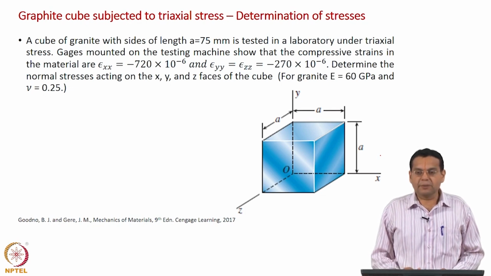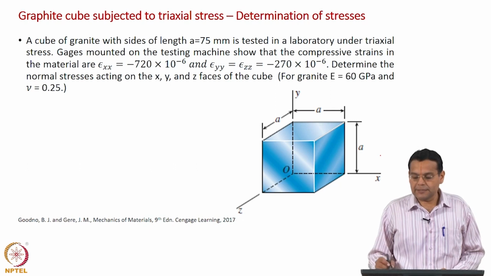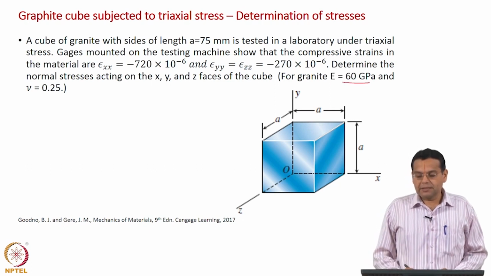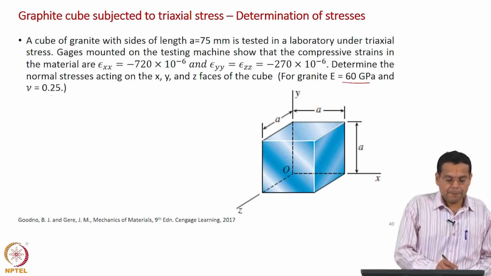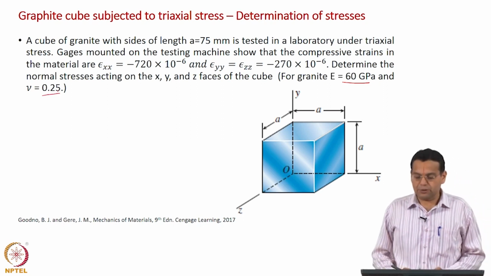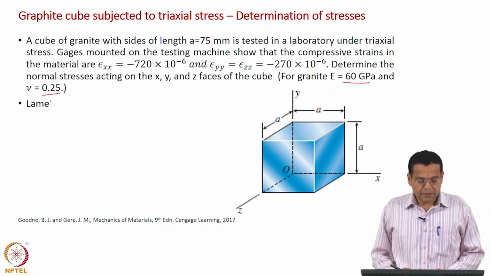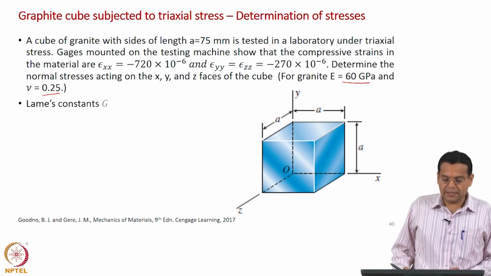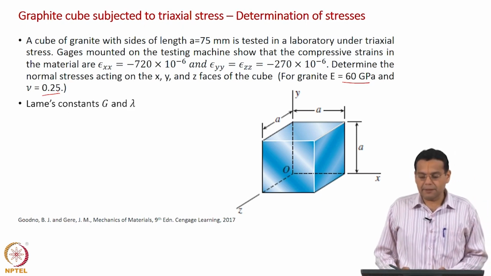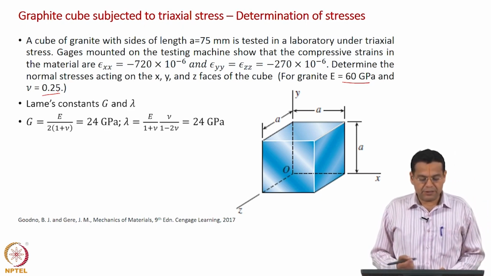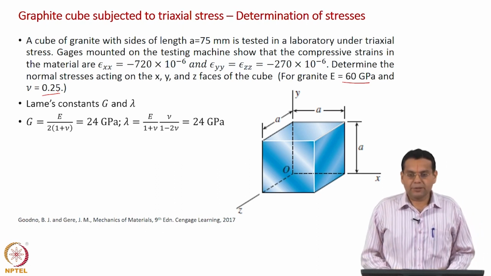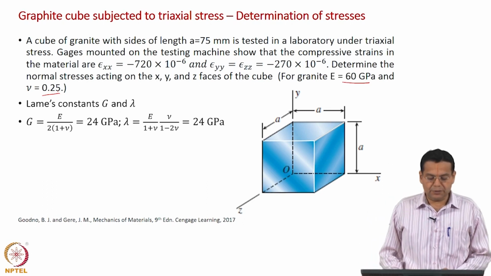So, once again we need to be given the material properties. E is given as 60 gigapascal and nu as 0.25. So, let us find the Lamé constants G and lambda, so that it becomes easy to calculate the stresses. G is E by 2 into 1 plus nu.